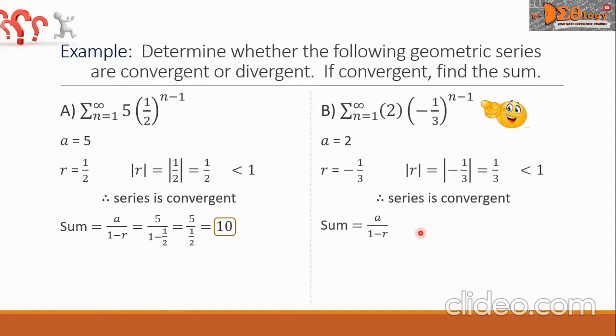Let us now substitute the values. The a becomes 2 all over 1 minus the r, which is negative 1/3. Negative and negative becomes positive. So 1 plus 1/3 becomes 4/3. And this complex fraction, we can show as 2 multiplied by 3 over 4. And this will be simplified into 3/2. This is the final answer.